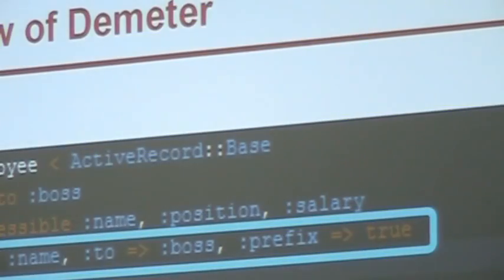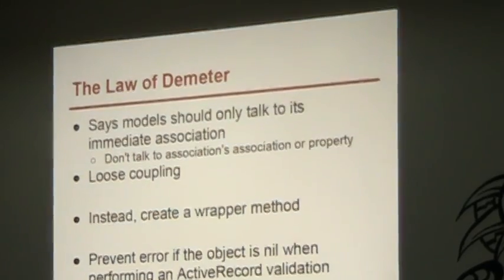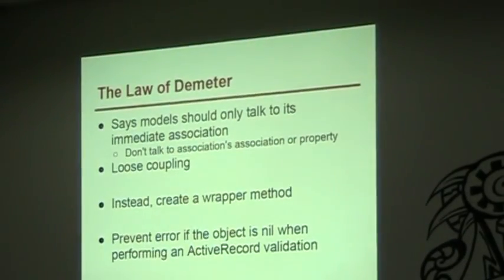So that's one of the things that we were able to come up with when we were learning Ruby the first time. The law of Demeter essentially says that an object should only talk to its immediate members or associations. So it should not invoke methods on its association or get properties from its association.